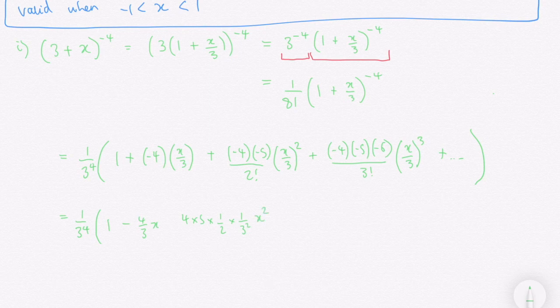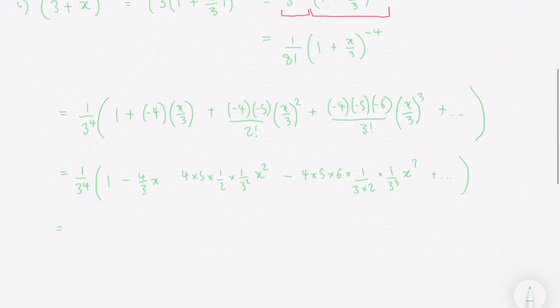And then here we have a negative, because we have 3 negatives being multiplied. So 4 times 5 times 6 times 1 over 3 factorial, so 1 over 3 times 2, times 1 over 3 cubed, x cubed, plus our remaining terms.